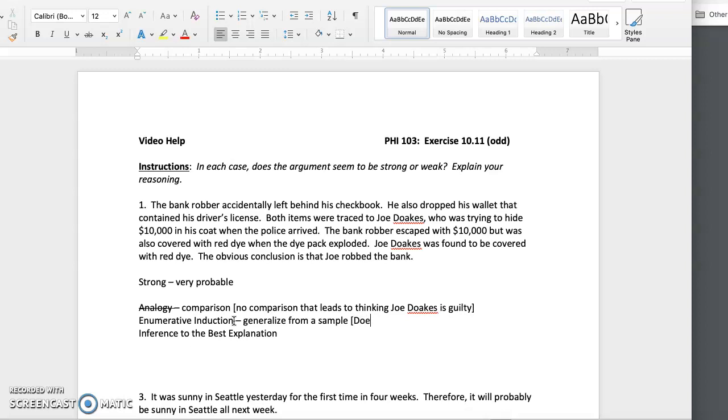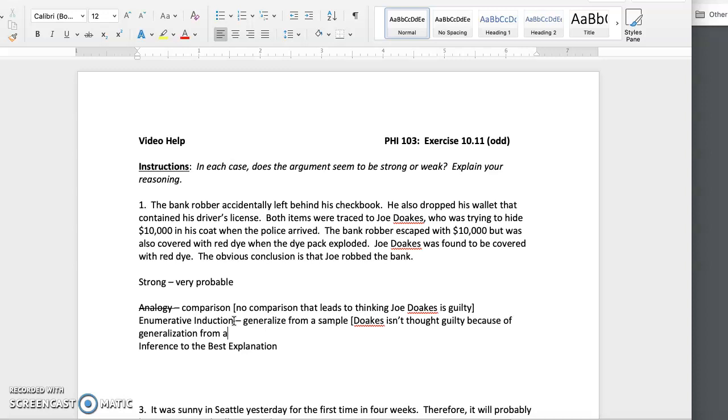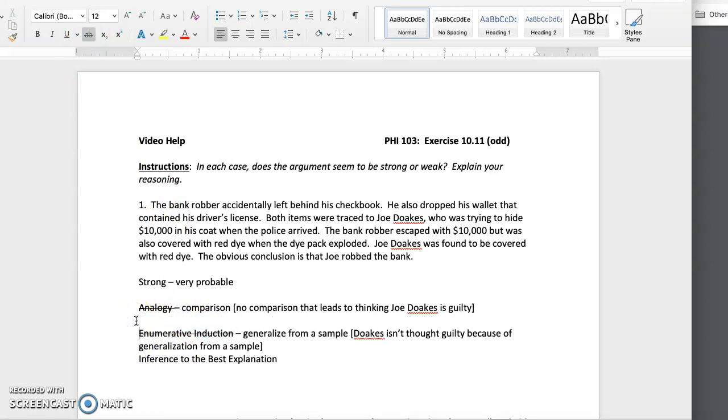Dokes isn't thought guilty because of generalization from a sample, right? So it's not enumerative induction, which leaves, of course, inference to the best explanation.